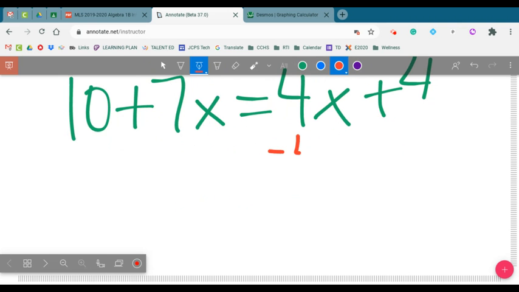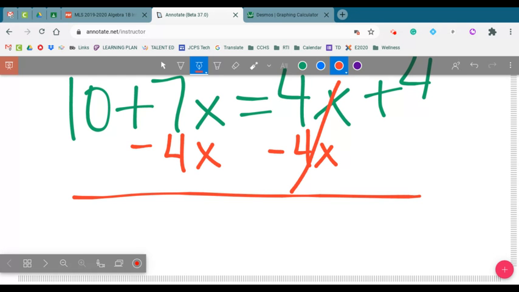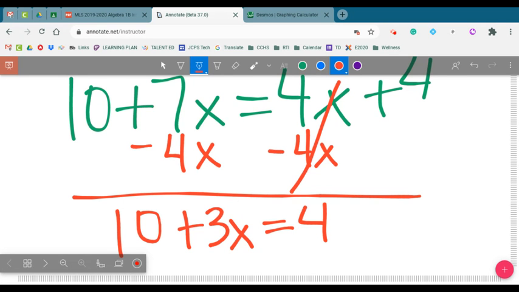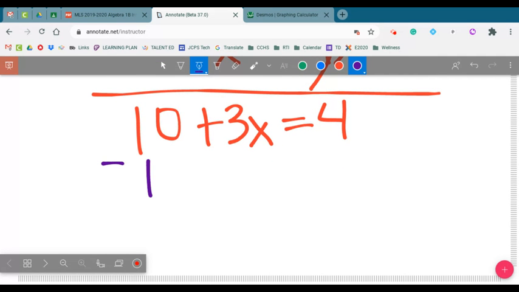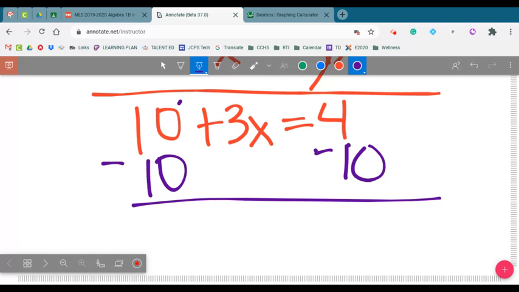Next step, I need to get my variable to the left side. So I'm going to do the opposite of a positive 4x, which is a negative 4x. That cancels, 7 minus 4 is going to give you 3x equals 4. And then my last step, I've got to get the 10 over to the other side. So I'm going to move my constant to the right.